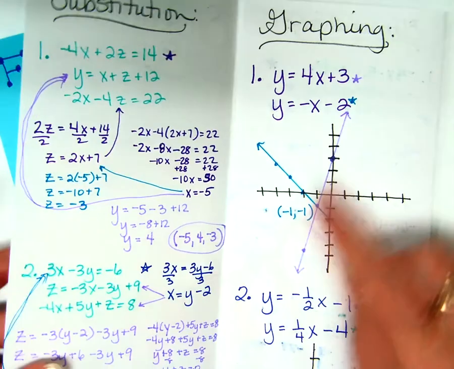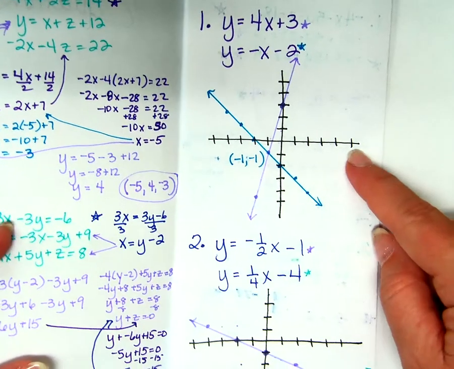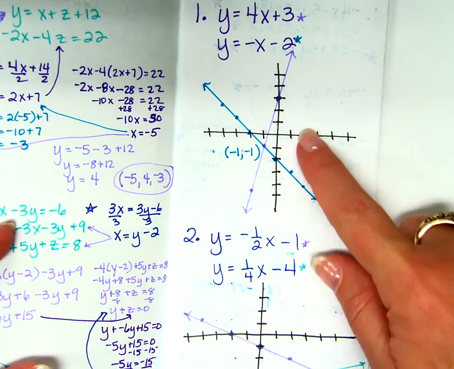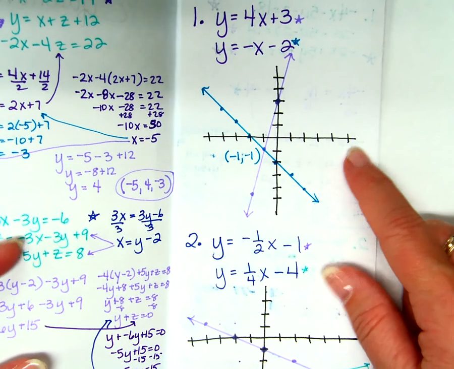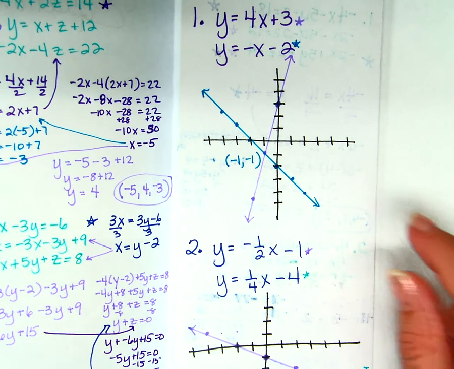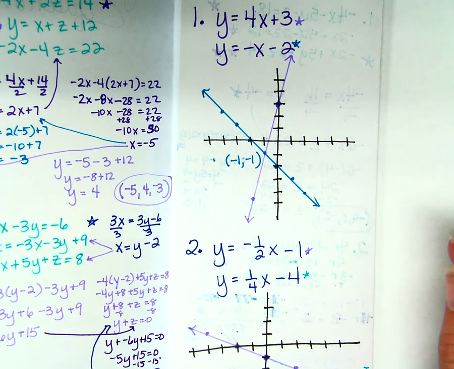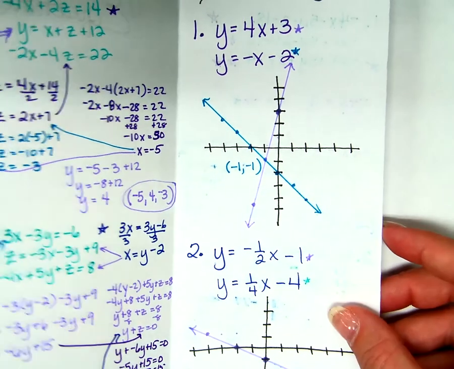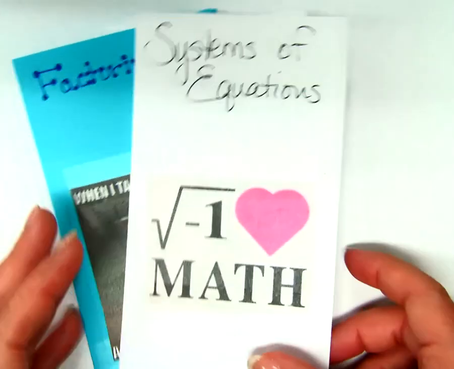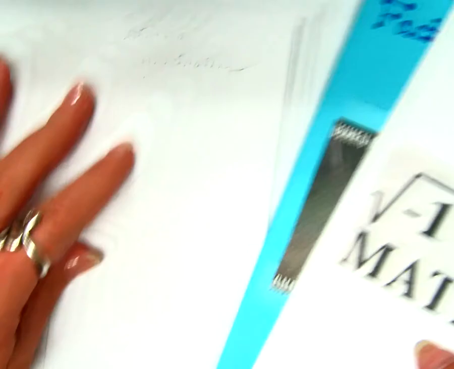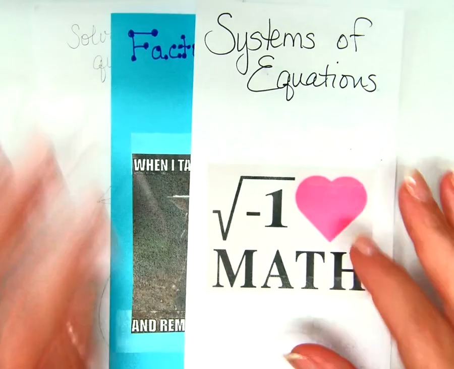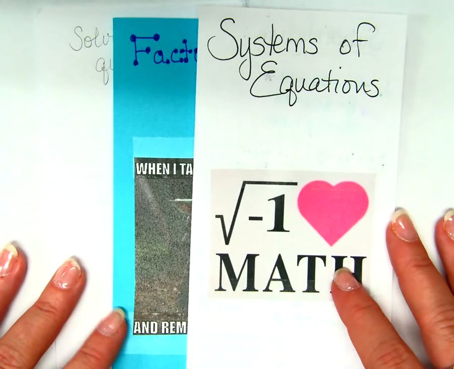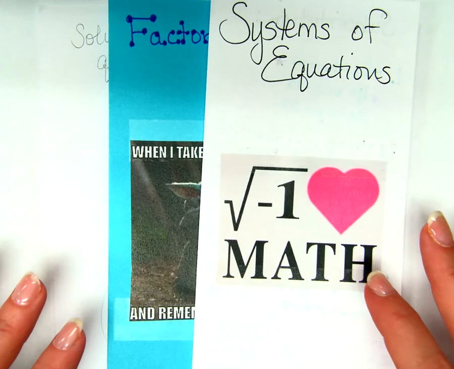So, but the graphs, I was super careful to try to draw these as close as I possibly could. Some people in the past have gotten graph paper, like before they left, and like cut out a piece of graph paper and taped it in there, because then it's a really good graph, isn't it? Okay, so think about that if you're going to choose solving quadratics or systems of equations. You may want a piece of graph paper to take with you. Okay, any questions? All right.